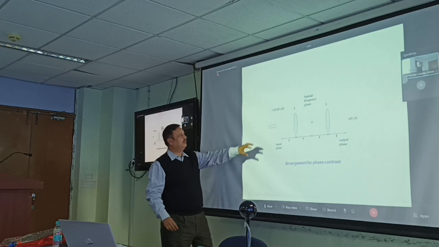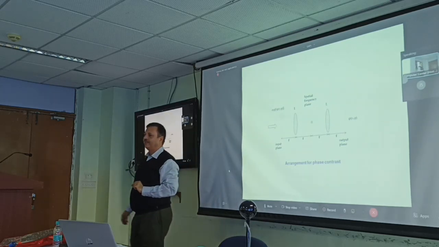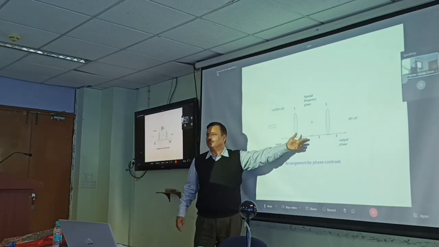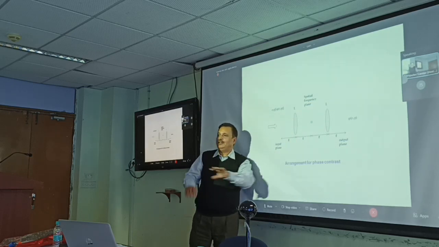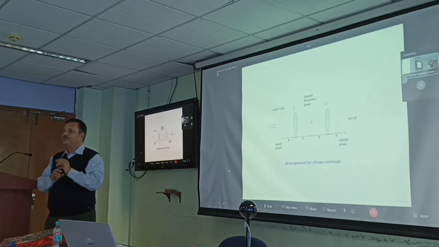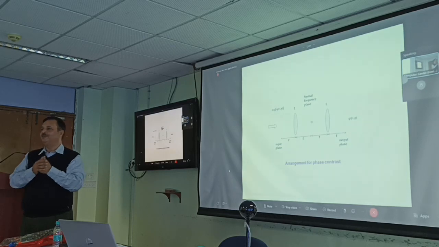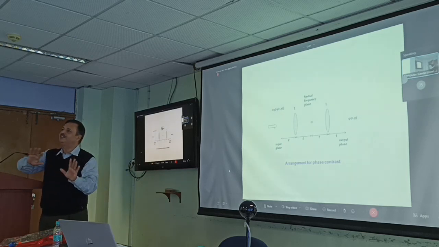Suppose I have the phase object here, an exponential; mathematically this is how we represent it. Use a lens to take its Fourier transform. We are in the Fourier plane. In the Fourier plane, you will have zero order diffraction, first order, second order diffraction. In the zero order, what Zernike suggested is that we introduce a pi by 2 phase shift. All other orders of diffraction remain the same.